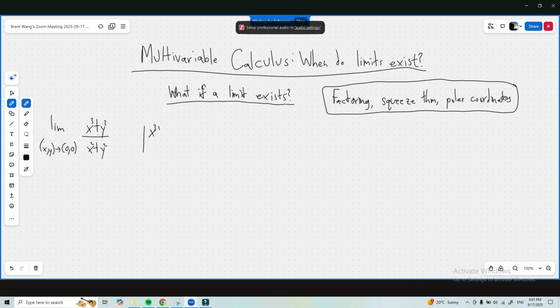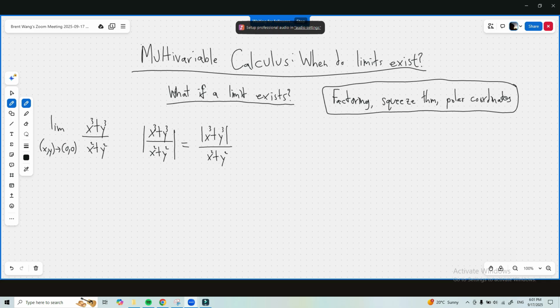Consider the absolute value of the function, which is equal to the absolute value of x cubed plus y cubed over x squared plus y squared. And you don't really know what to do here.